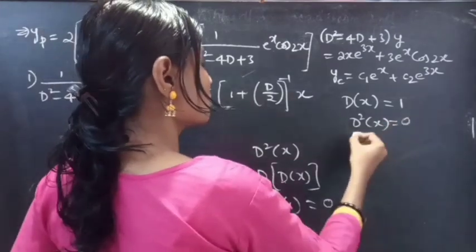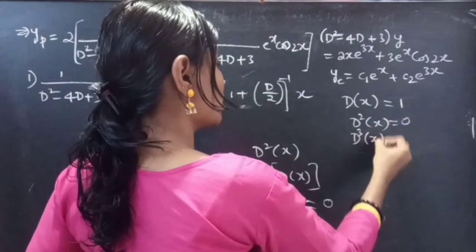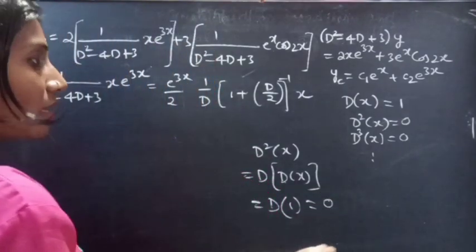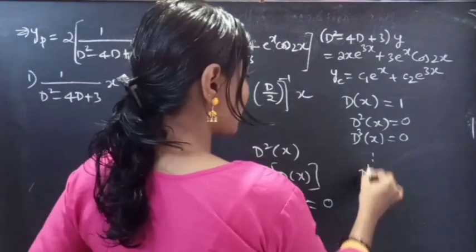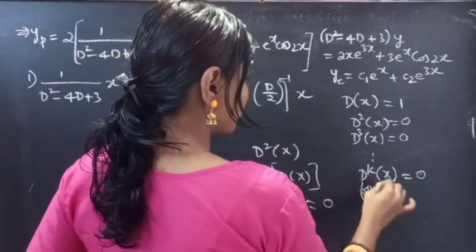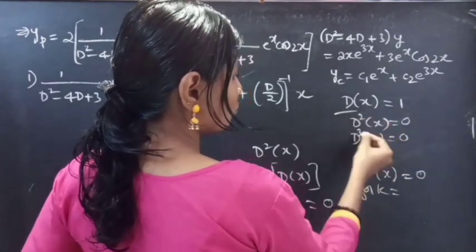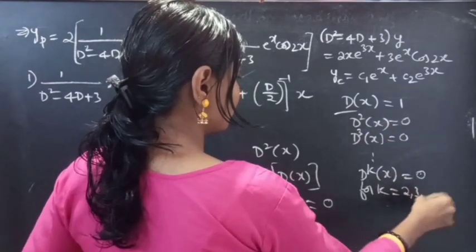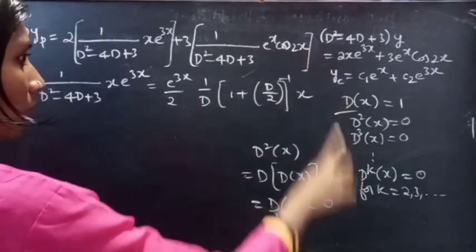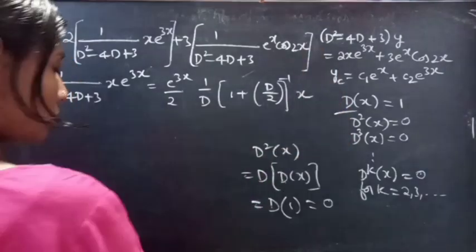D square of x is 0, likewise D cube of x is 0, and so on. We'll get all higher derivatives of x as 0. In general, we can write it as D power k of x is 0 for k equals 2, 3, and so on, right? Since we are having x to the power 1, we got only one derivative.